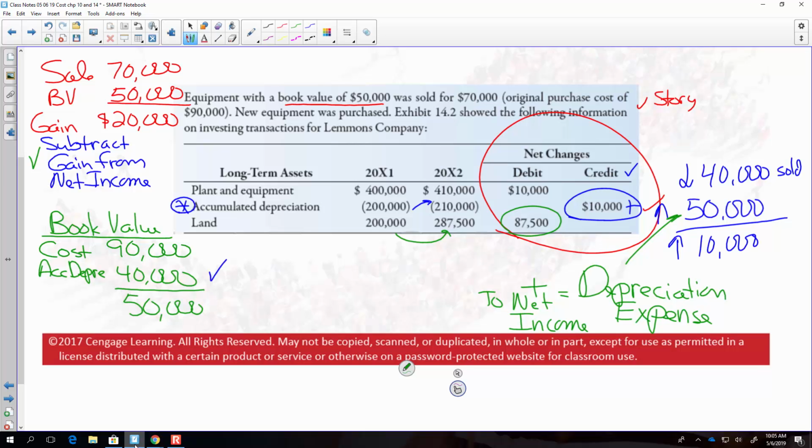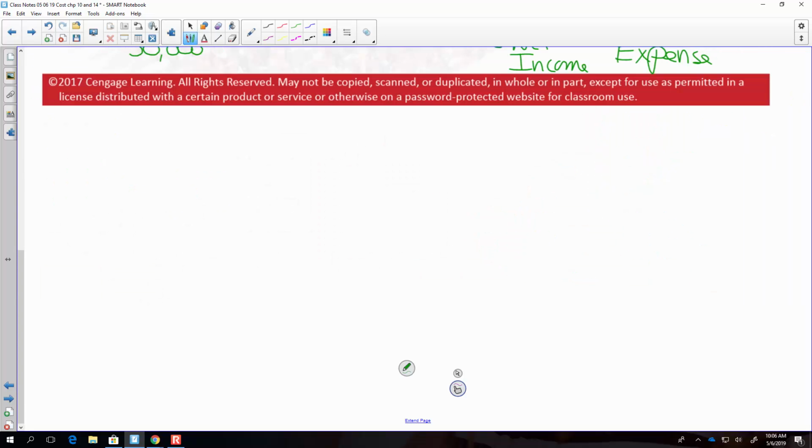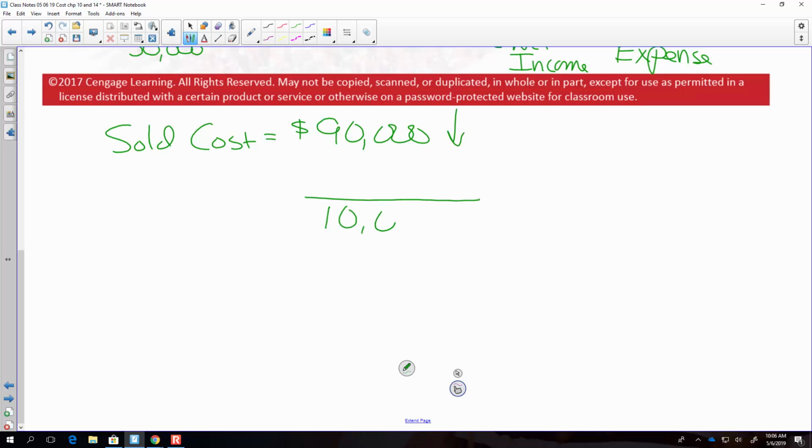Now, our property, plant, and equipment went up a positive 10 also. So let's take a look at that. How much did I take out? What did I sell? Equipment. How much equipment at cost? 90. So I went down 90, but my change was a positive 10.